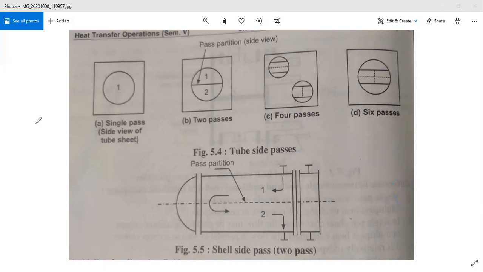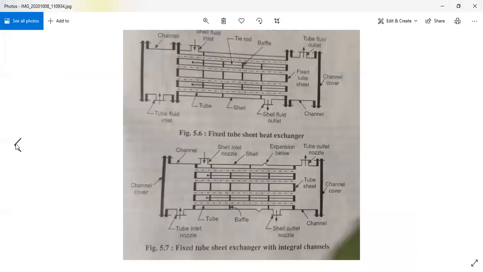So after discussing all these things, you can also understand what exactly the shell and tube heat exchanger assembly is, what are the different types of shell and tube heat exchanger, and what are their functions. So from this diagram, you can understand how the tube side fluid and how the shell side fluid is going to pass.